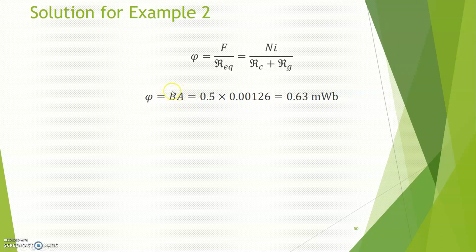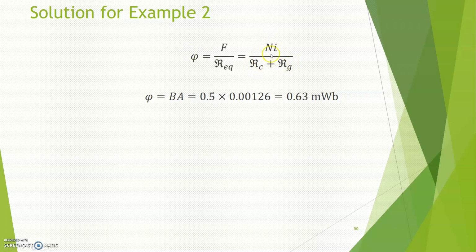B is 0.5 and the cross-sectional area of the air gap is 0.00126. Then you get the flux equal to 0.63 milliweber.